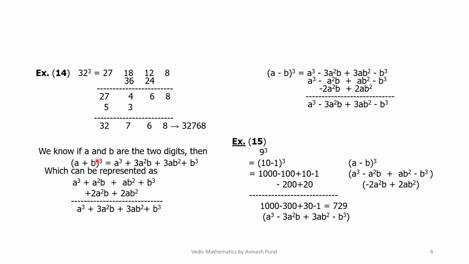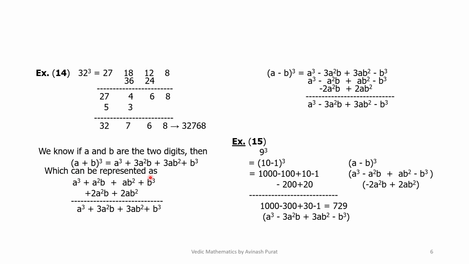Now we know if a and b are the two digits, then (a plus b) cube equals a cube plus 3a square b plus 3ab square plus b cube, which can be represented as a cube, a square b, ab square, b cube, and on the second line, the second figure is plus 2a square b and the third figure is 2ab square.